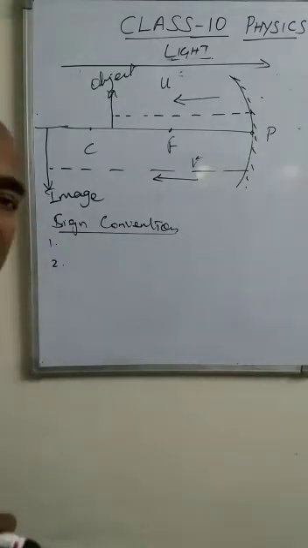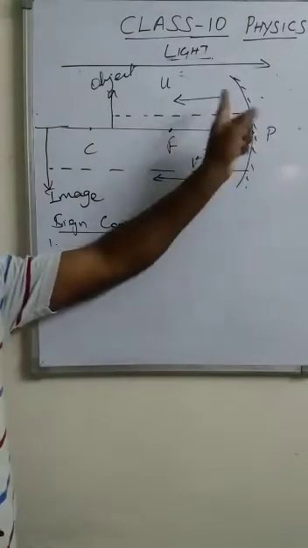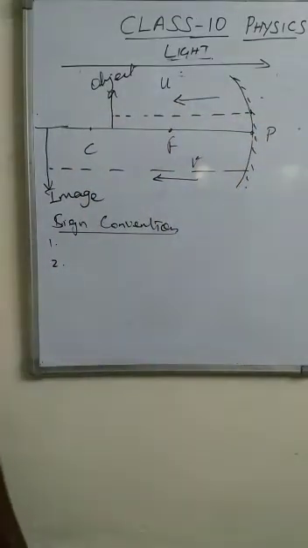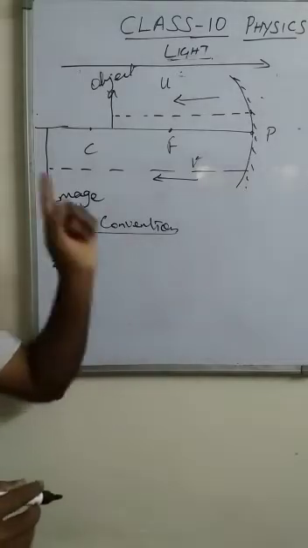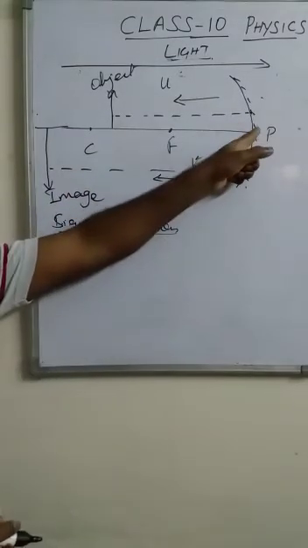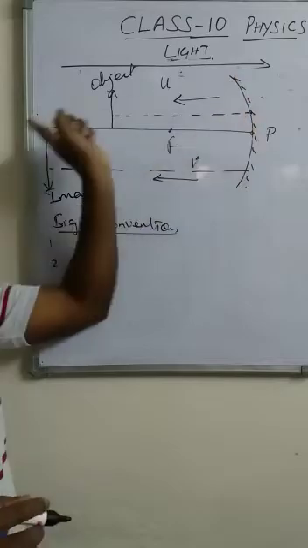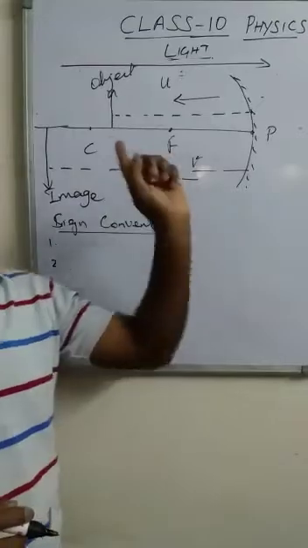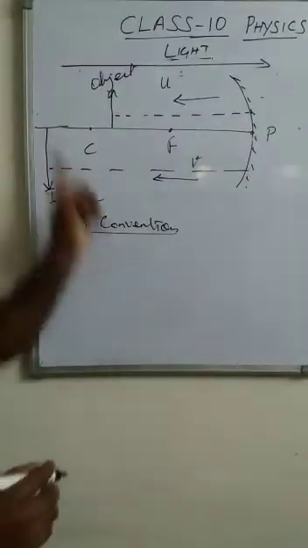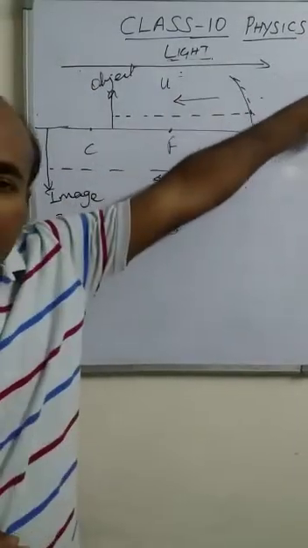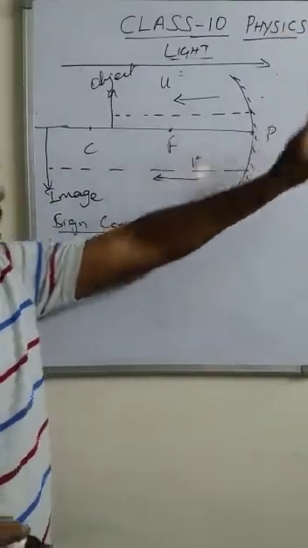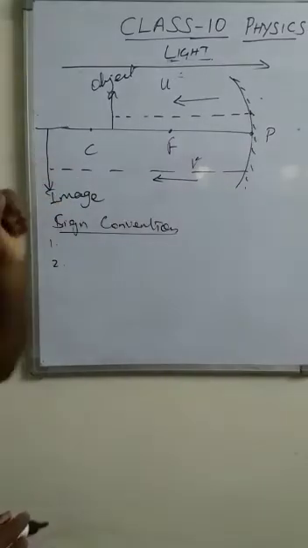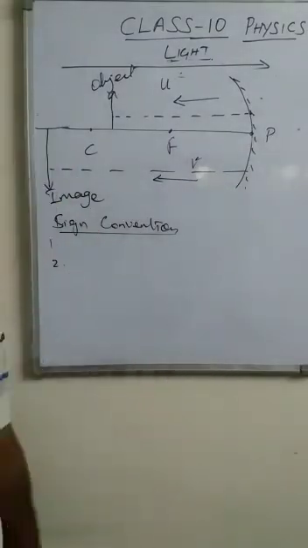The first convention was that all the distances are to be originated from the pole of the mirror. The second sign convention is: if a distance is measured opposite to the direction of light ray, it is negative, along the direction of light ray, it is positive. Here see, the light rays are traveling from left to right. Object distance is measured from right to left.